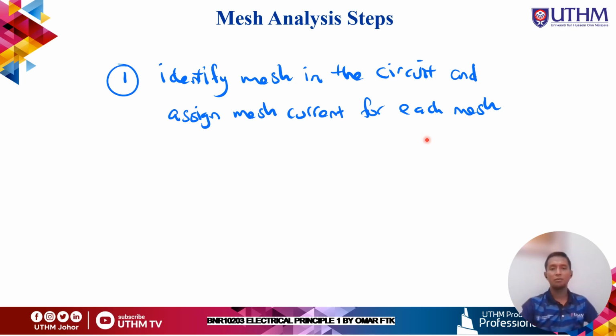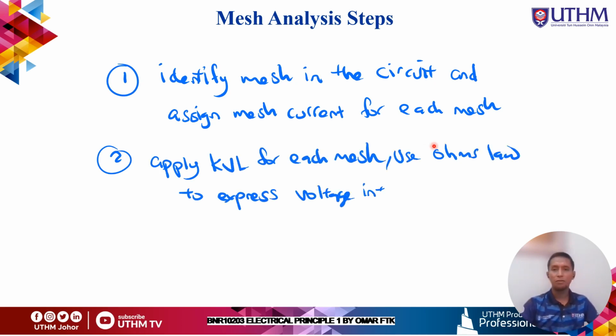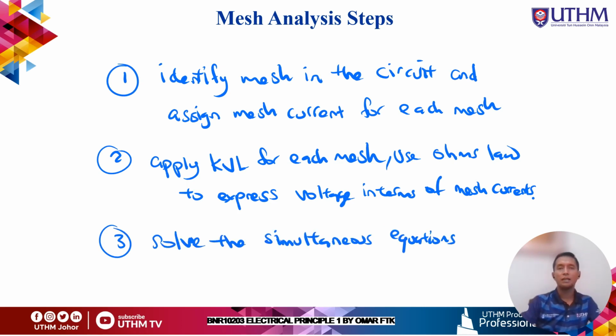After that, we apply Kirchhoff's voltage law for each mesh, and then use Ohm's law to express the voltage in terms of the mesh currents that we have. The third step is to solve using simultaneous equations. Basically, you can use a calculator or the method that we previously learned in class.